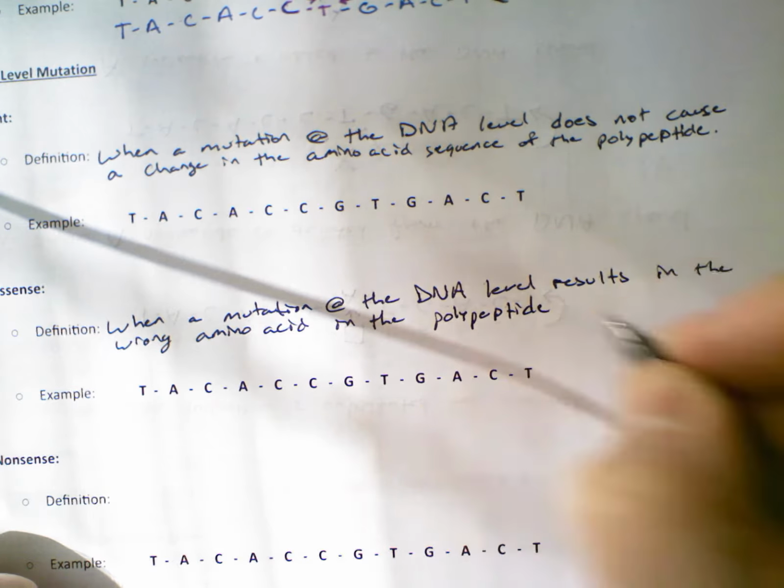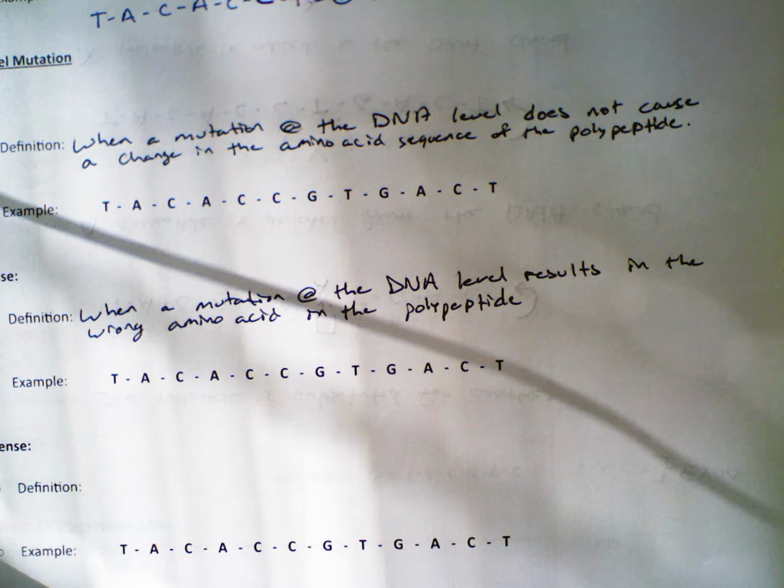Like maybe you were supposed to get a tryptophan and you ended up with a histidine. You're going to get the wrong amino acid in the polypeptide chain.